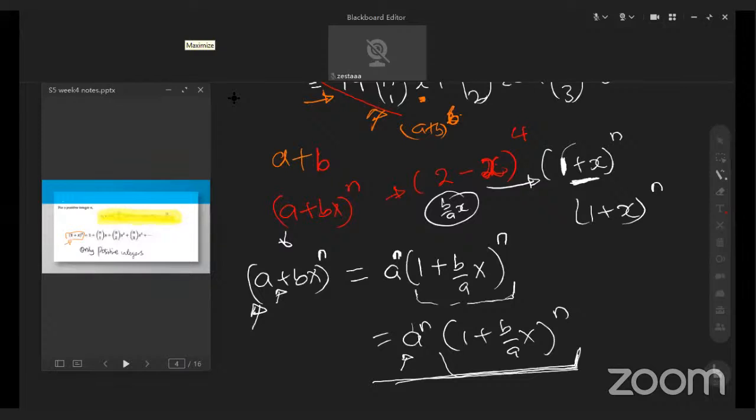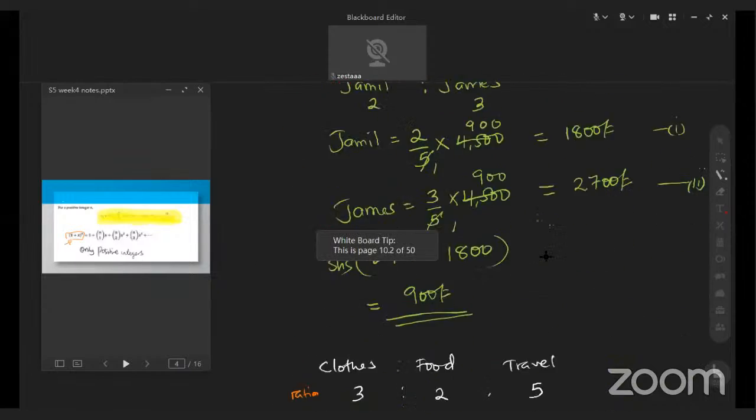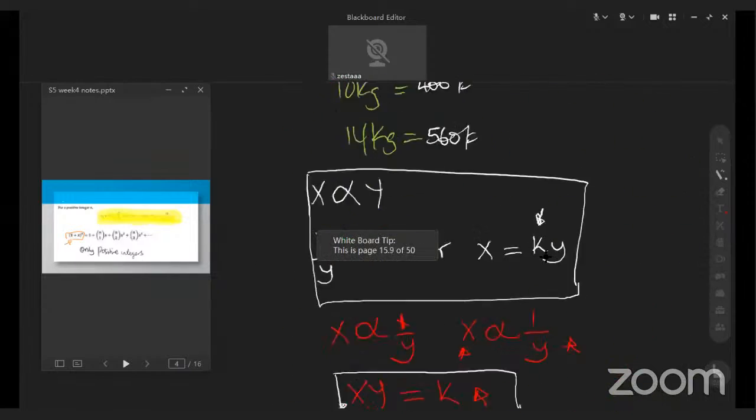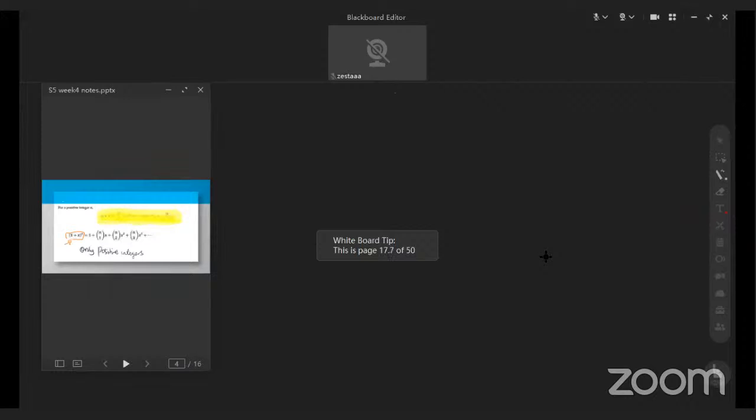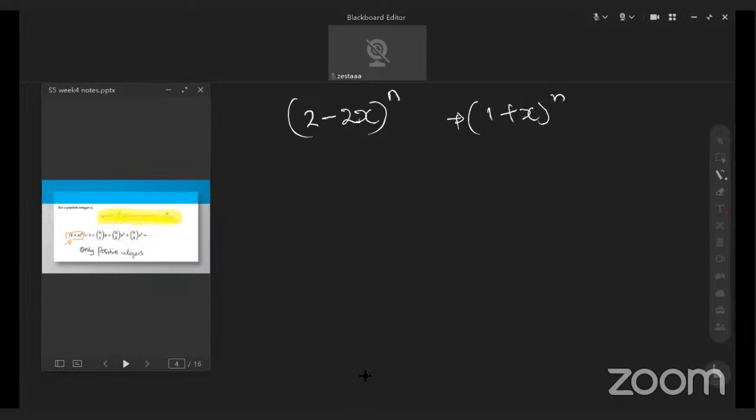That's what we do. I think Benjamin has worked out this one here already. So sorry, let's have our page here. In the case you have 2 minus x to the power of n, first put this one in the format of 1 plus x to the power of n. This is the first thing you need to do.